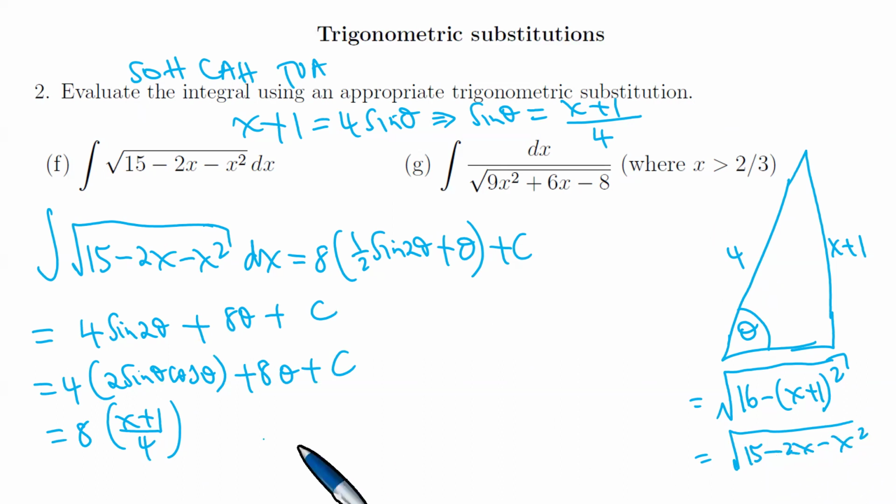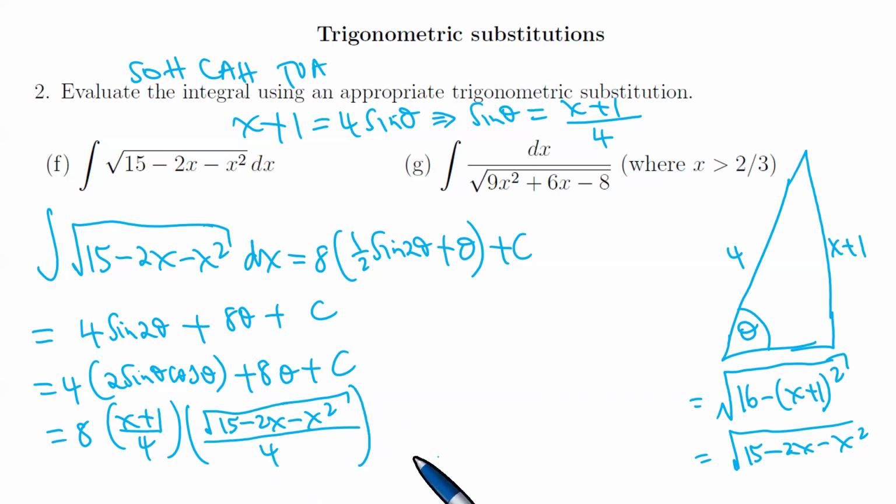So we already know this. So the cosine is adjacent over hypotenuse, which is exactly the square root of 15 minus 2x minus x squared, out of 4.